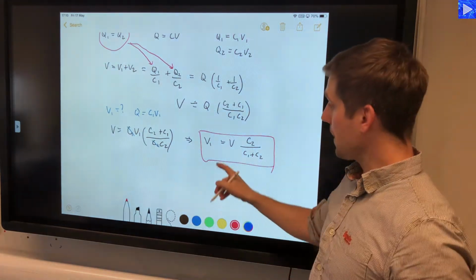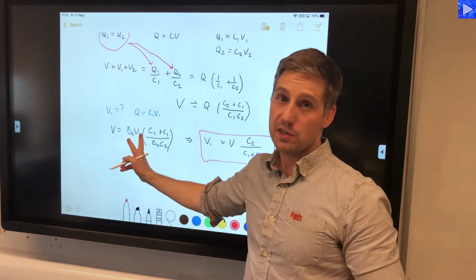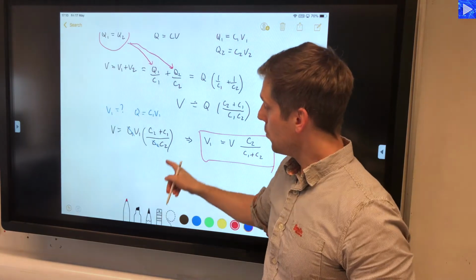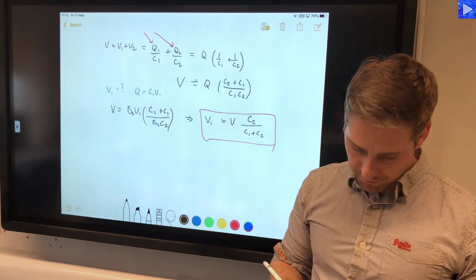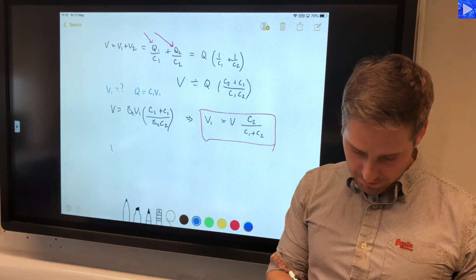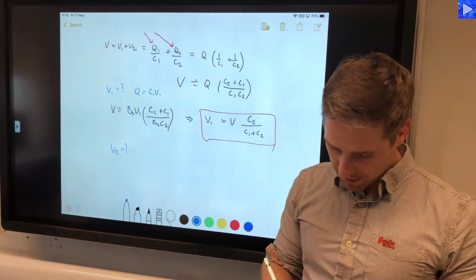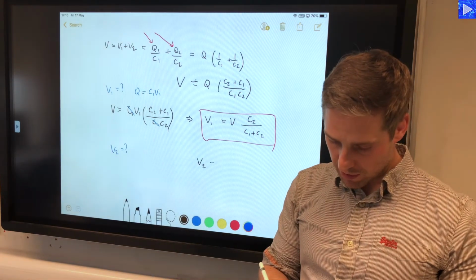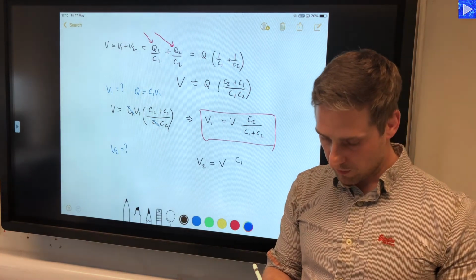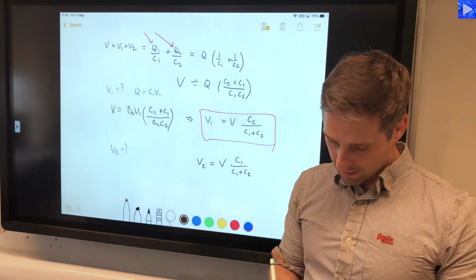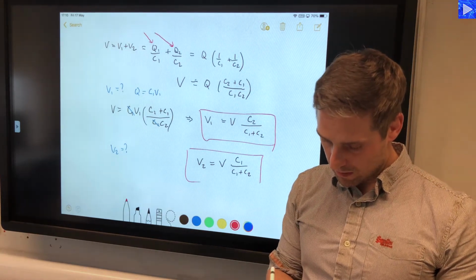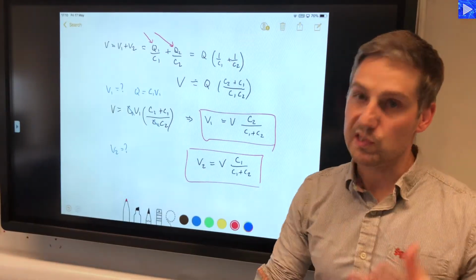And if you do the same thing except substitute in for C2 V2 here, what you're going to get is the C2 cancels out, and so the equation for V2 will be V2 equals V times C1 over the total capacitance. Well, the sum of the capacitances.